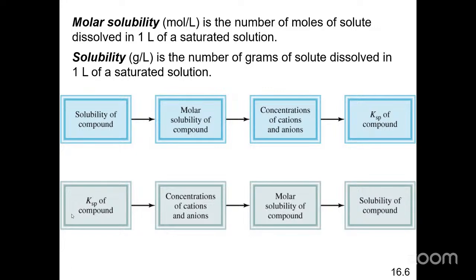Or you could be given the Ksp to begin with, and you're asked to find the solubility, and basically you're doing the reverse. The next slide has a couple of examples of one type of problem or the other, but this is basically the way we go about solving these kinds of problems.